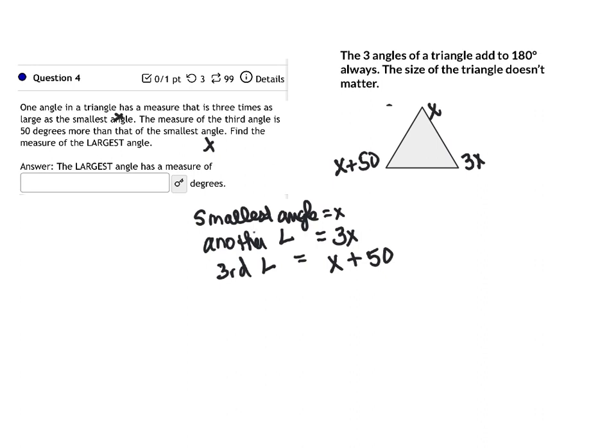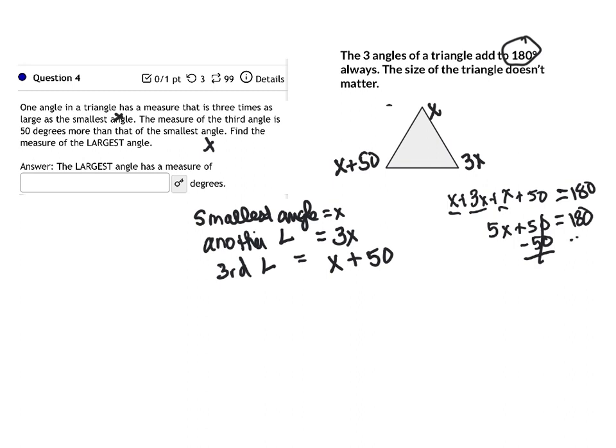Now we add all 3 angles, and they should total this 180 up here. So x plus 3x plus x plus 50 equals 180. So that is x, 3x, and x. So that's 5x plus 50 equals 180. The opposite of adding 50 is to subtract 50 from both sides.